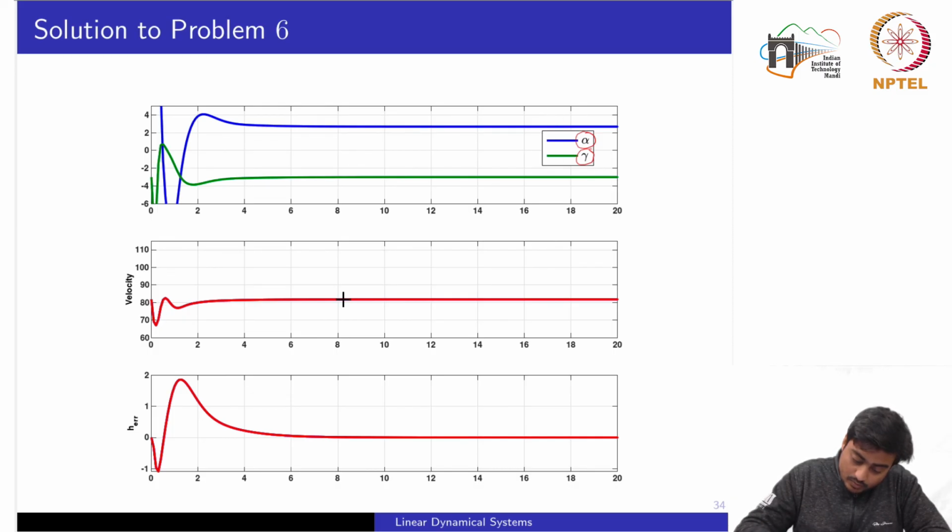The velocity should track the value 81.8, which it is also tracking, and h error should be equal to 0. So all the state variables or outputs are tracking the reference trajectories, and all the signals are stable. So using the principle of state feedback design, we have in fact designed the PI controller which tracks and also stabilizes the system at the same time.